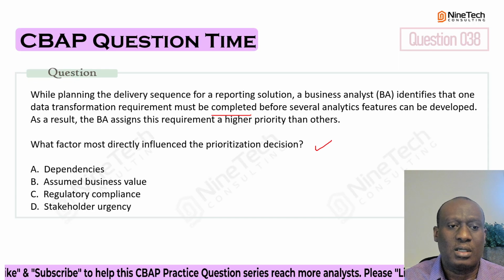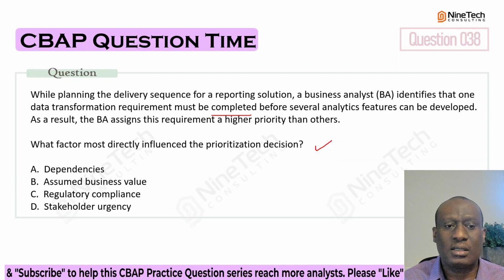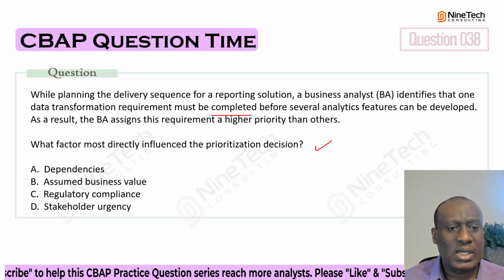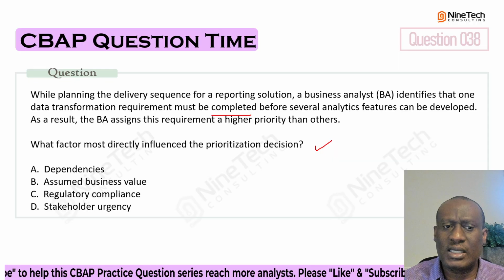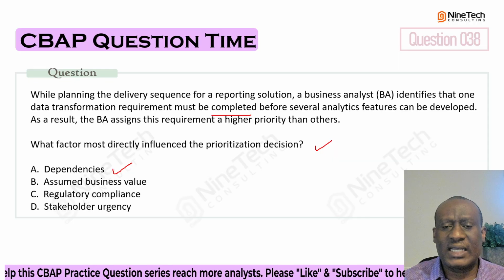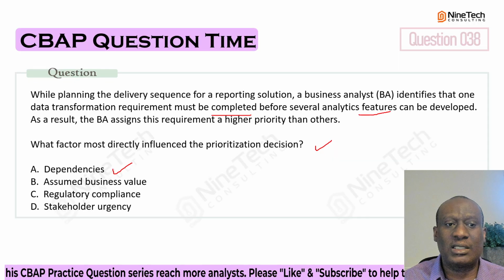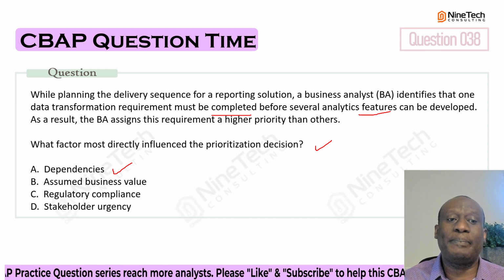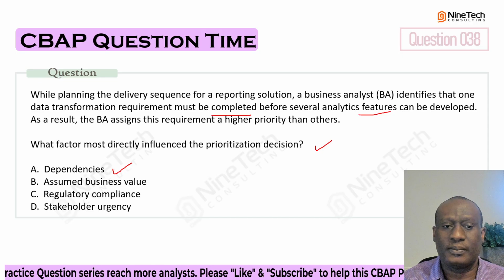Okay. Dependencies. The first answer is dependency. Yeah, dependency. I will say dependency because remember, these analytics features cannot be done until the data transformation requirement is done. So the analytics features are dependent on the data transformation.